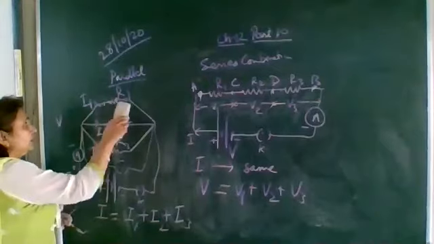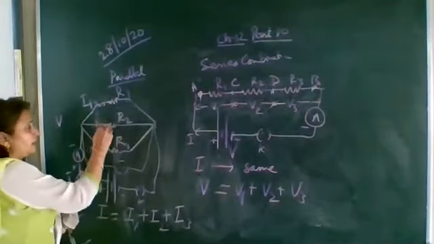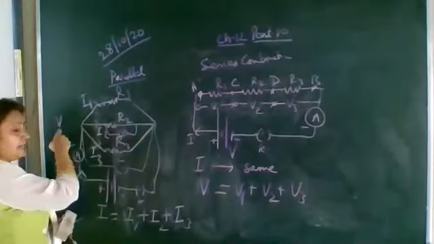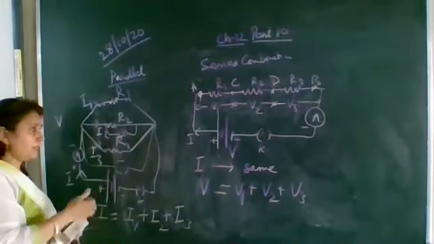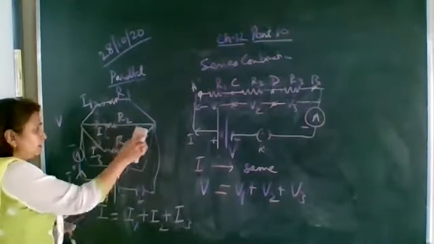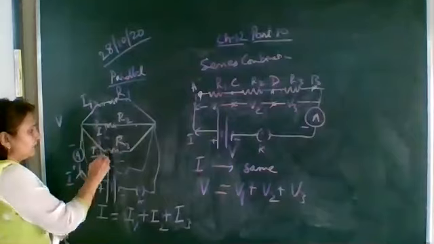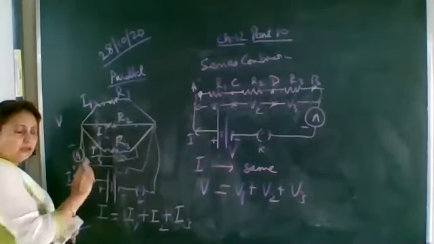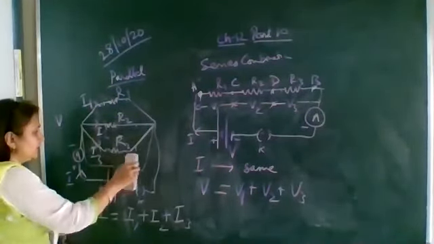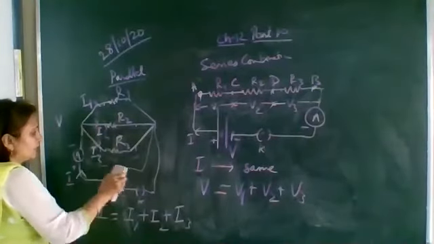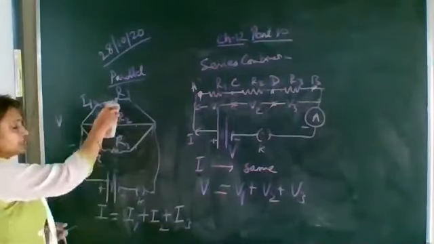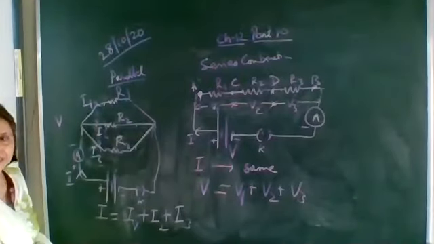Remove from here and connect the voltmeter parallel to R2. Again you will see that the voltmeter reading is the same. Remove from here and connect it across R3. Again you will see that the voltmeter reading is V volt. So the total potential difference given by the battery is the same across each of the resistors.